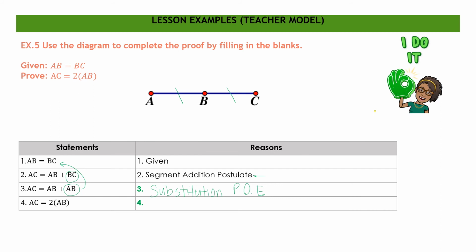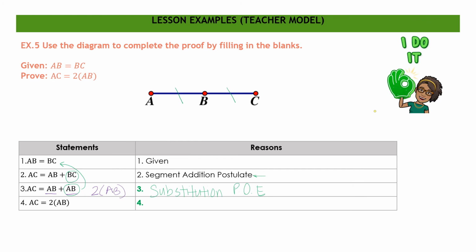And looking at statement 4, to finalize our proof, we have AC is equal to 2 times the length of AB. Well, we have 2 ABs here. In the previous statement, in statement 3, we have AB here and an AB here. If we combine those ABs, that means we have 2 of them, so I can rewrite it as 2 times the length of AB.